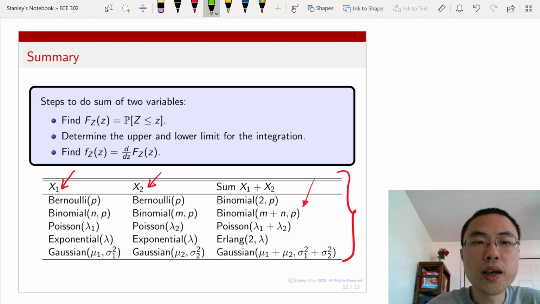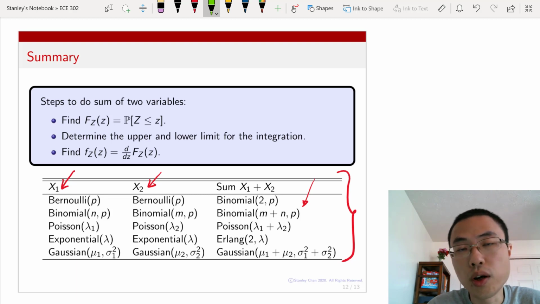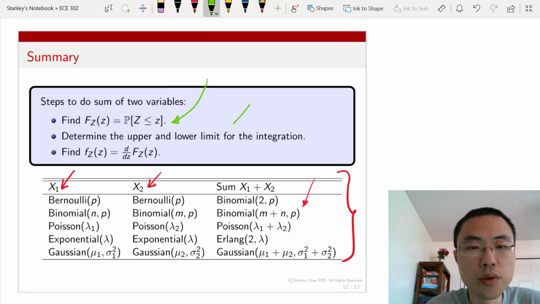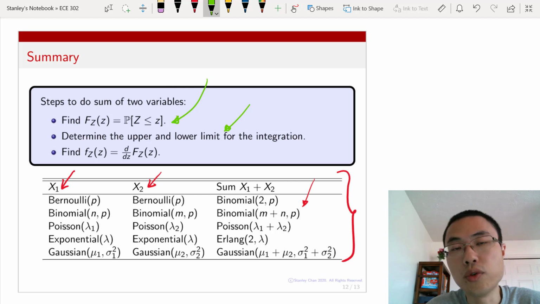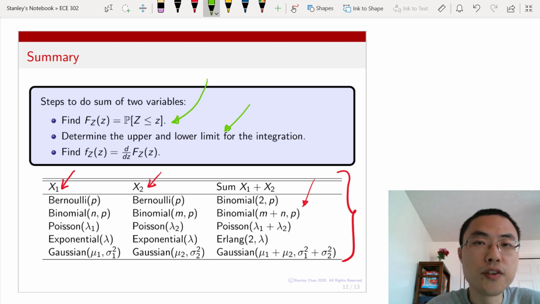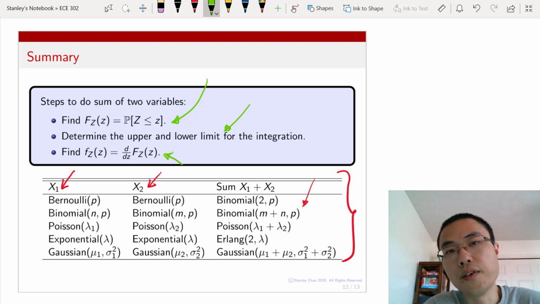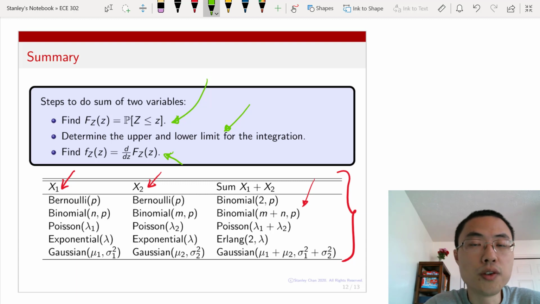So what is the take-home message? When you try to deal with a sum or products or any other operations of 2 random variables, the principle is to find the CDF, determine the lower and upper limit when you're plugging in the specific form of the PDFs, and then calculate the PDF through the fundamental theorem of calculus.